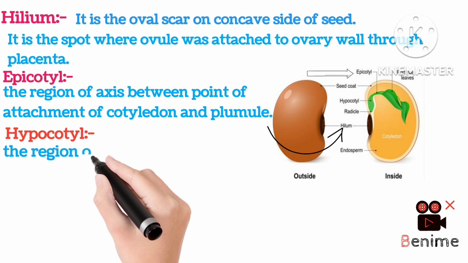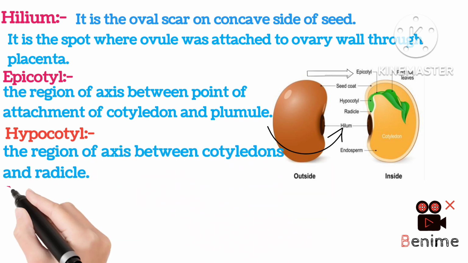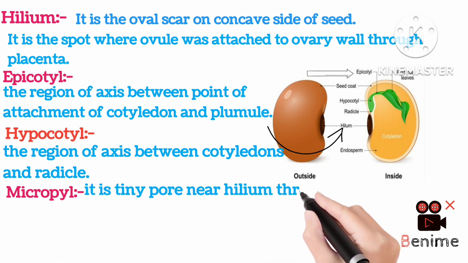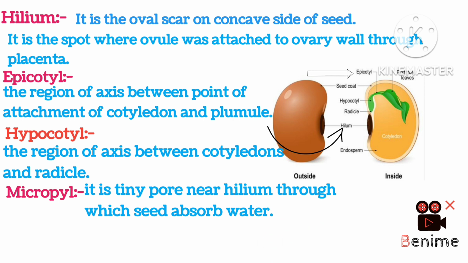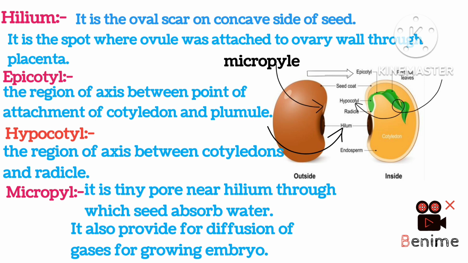Hypocotyl, the region of axis between cotyledon and radicle. Micropyle, it is the tiny pore near hilum through which seed absorbs water. It also provides for diffusion of gases for growing embryo. You can see micropyle in the picture and also the hypocotyl.